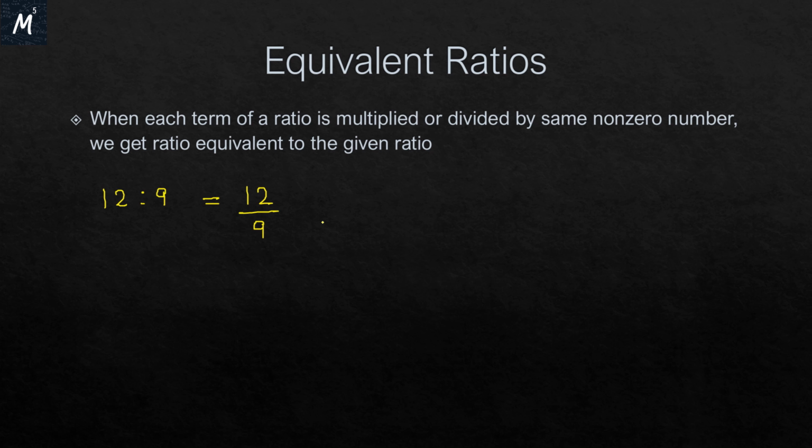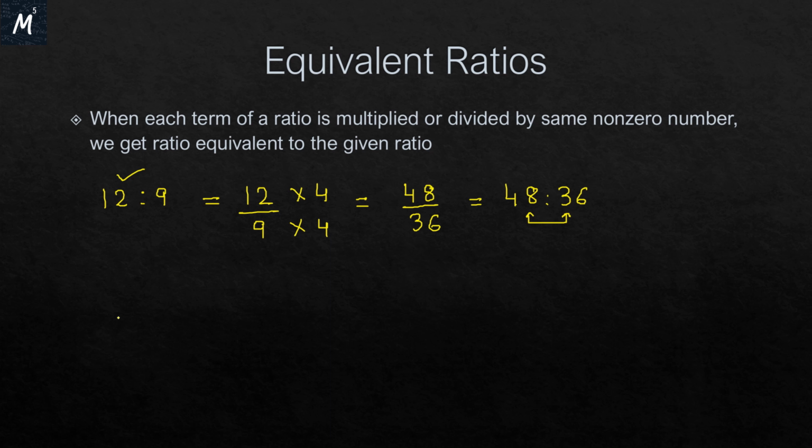And if I multiply these ratio numbers by 4, both of them are multiplied by 4, we have to multiply by the same number, we get 48 upon 36. This would be written in ratio form as 48 is to 36. This new ratio is an equivalent ratio to 12 is to 9, because if we cancel 48 and 36 by 4, we'll get 12 is to 9 only.